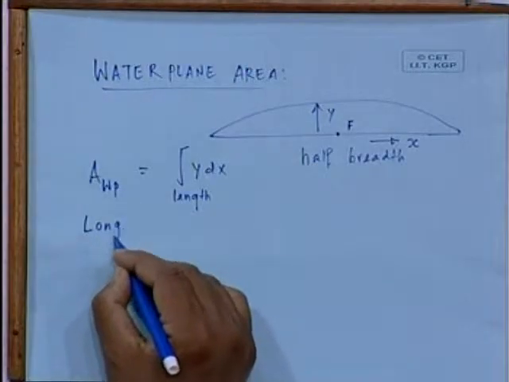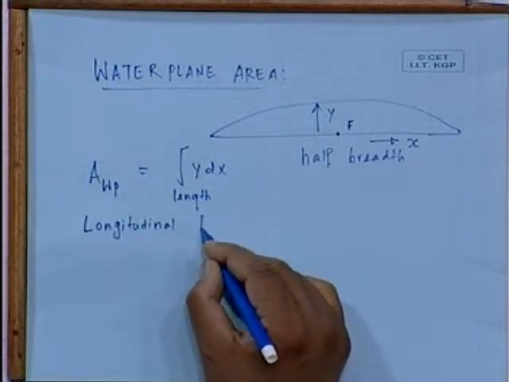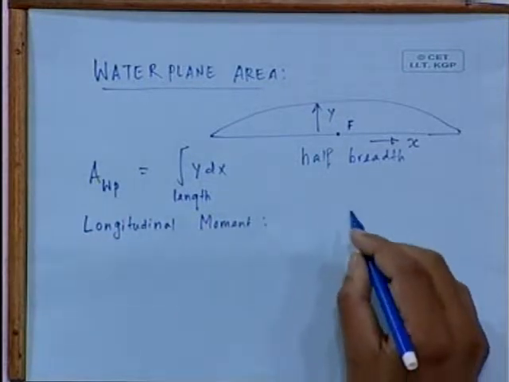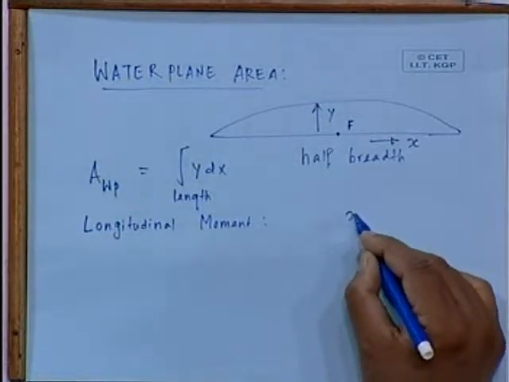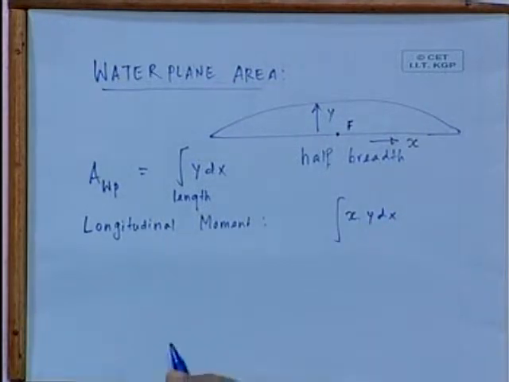Now that's why I need to find out the longitudinal moment of this thing. That will be given by x into y dx. Why?